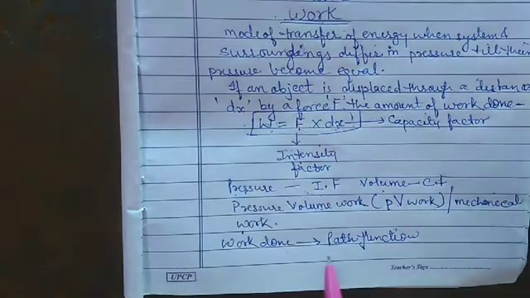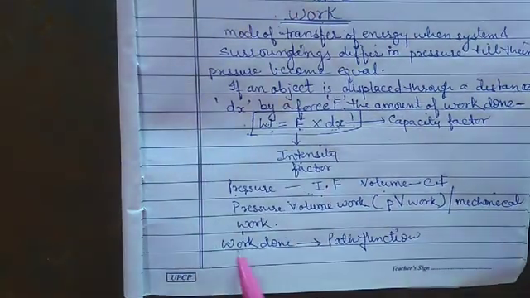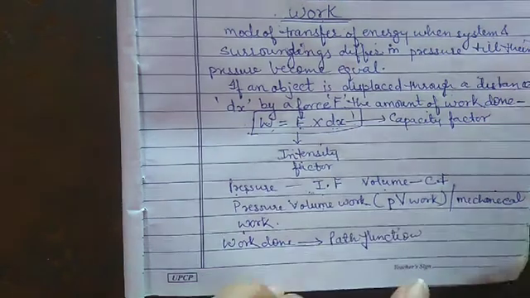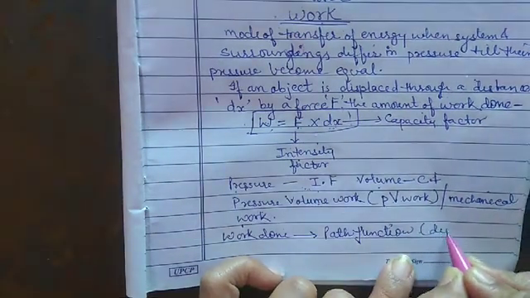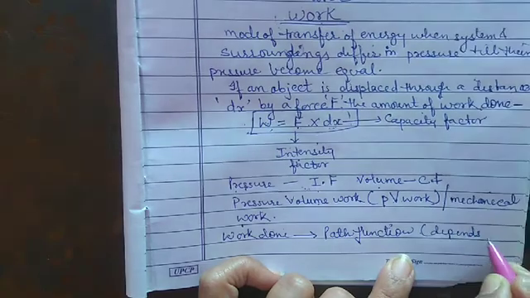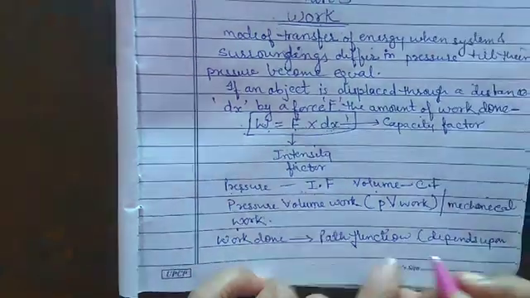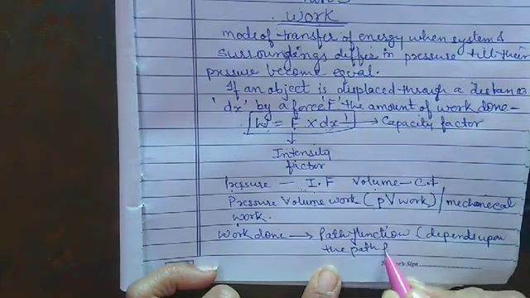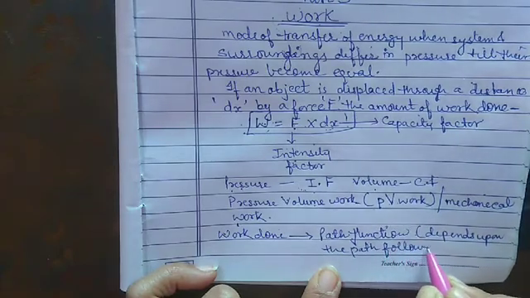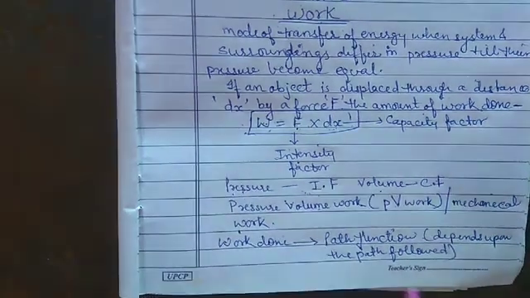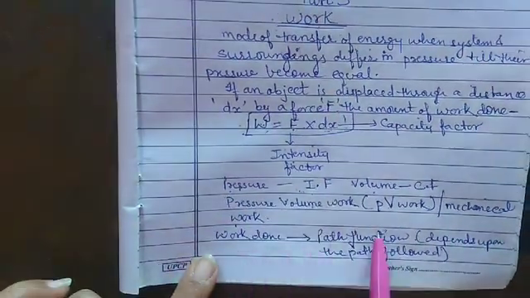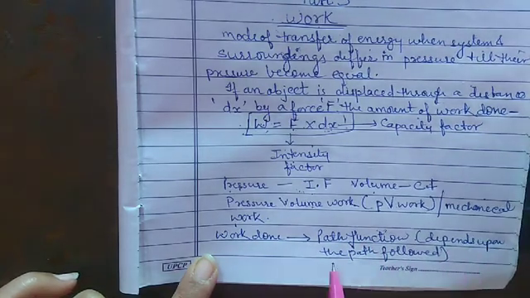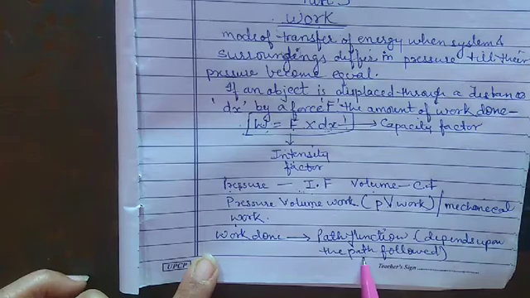Path functions are those which depend upon the path followed. So work done is a path function. It is not a state function, which means it depends upon the path followed.